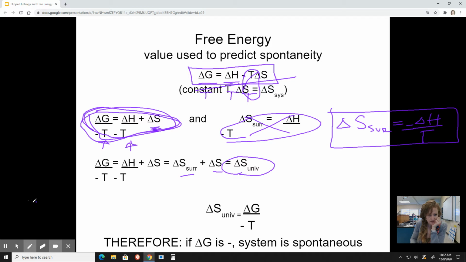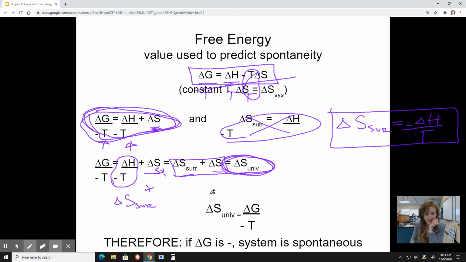So if this term is equal to delta S of the surroundings, and this term is equal to delta S of the system, then delta S of the surroundings plus delta S of the system is equal to delta S of the universe.